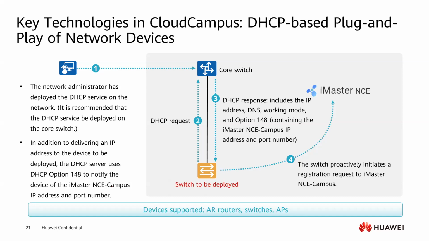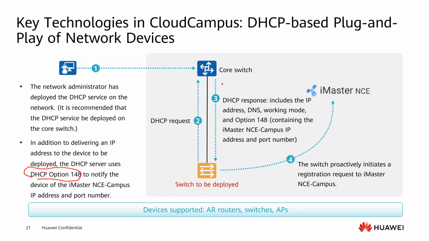So for these devices, we want them to be plug and play, go online and be managed by the controller to do the unified configuration. So in this scenario, we can base on the DHCP option 148 to do the function.